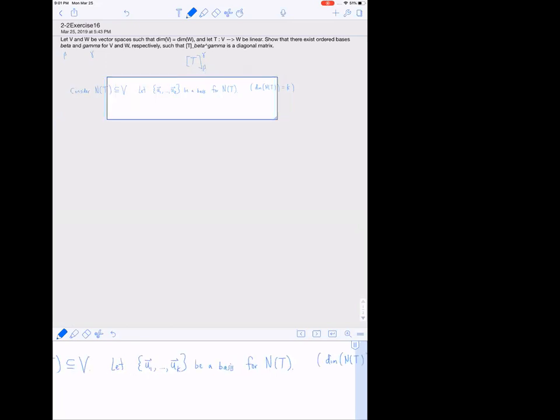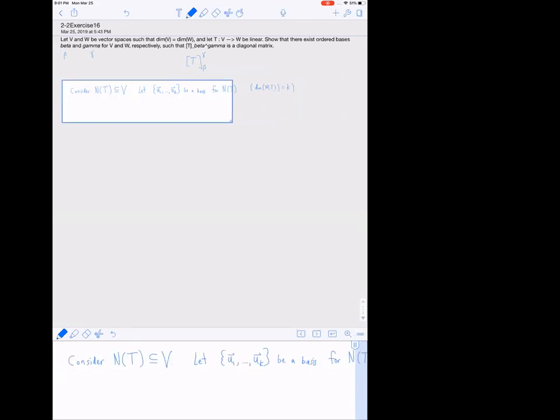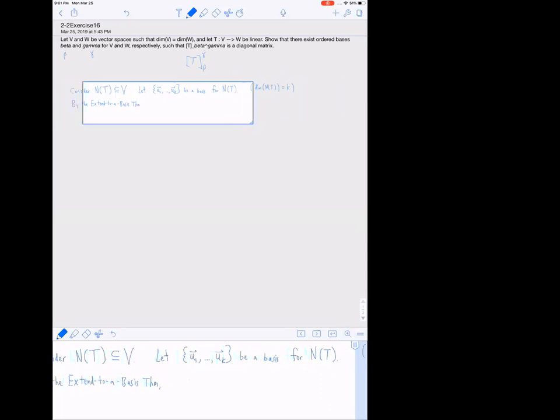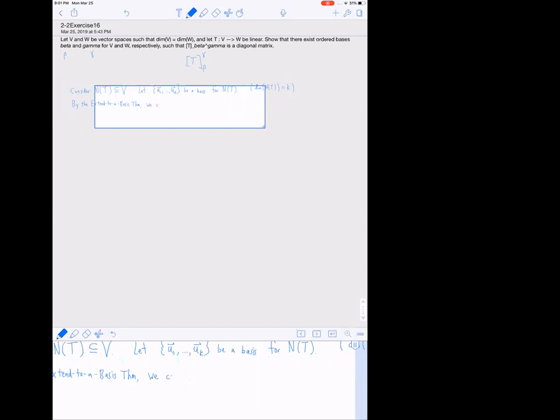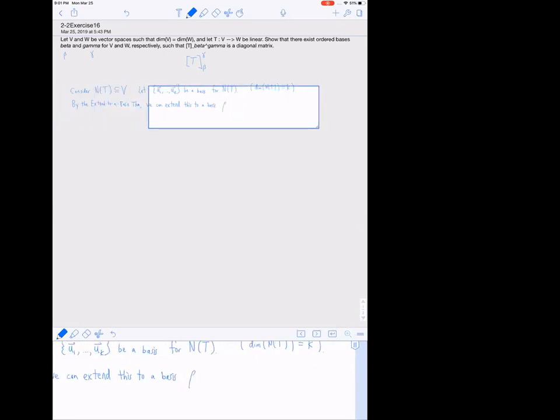Well, that's not a basis for V certainly, but we can extend it to a basis by the extend to a basis theorem. I'll call it beta prime for the moment.